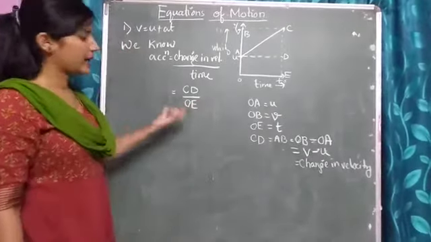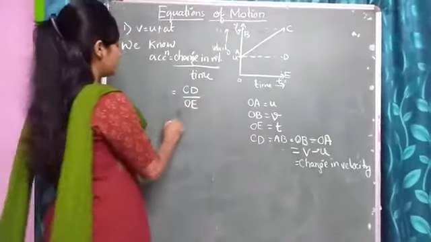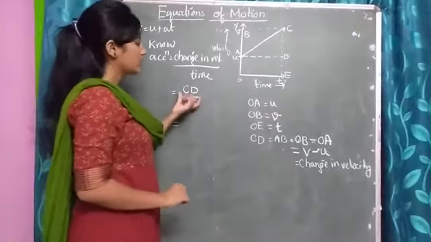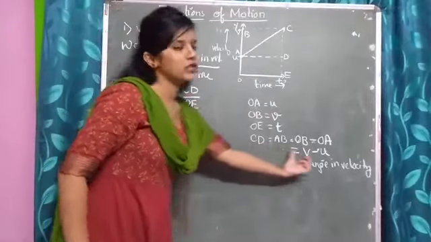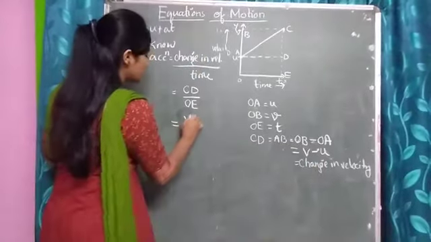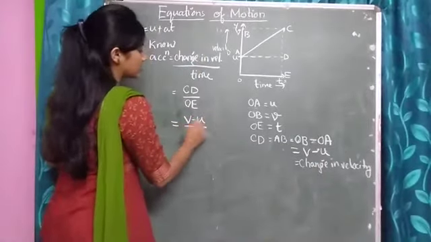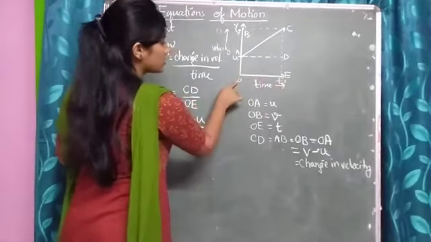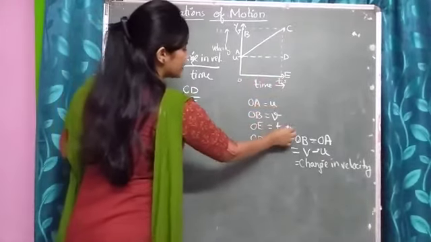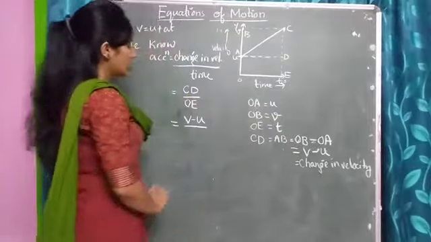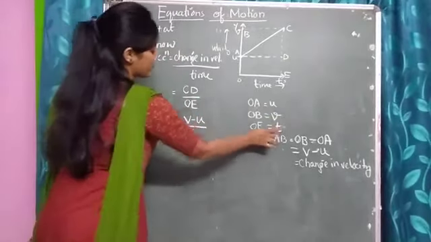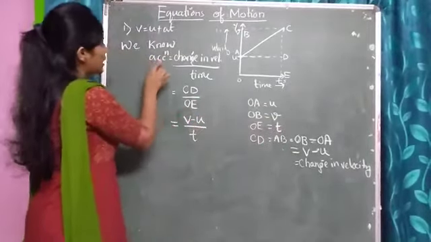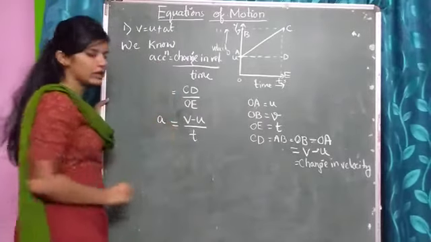So CD by OE. Now CD is V minus U, and OE is T minus 0 seconds, so I have written it directly as T. In place of OE I will write T, and for acceleration we are taking A.